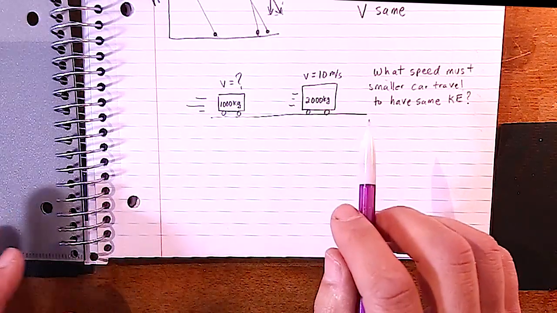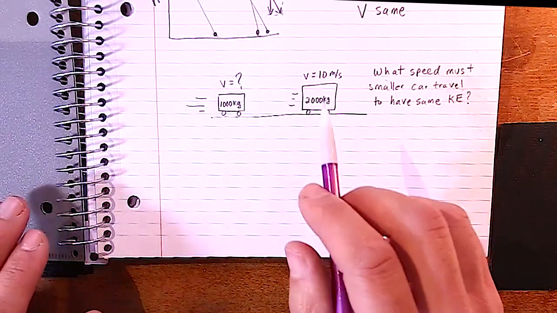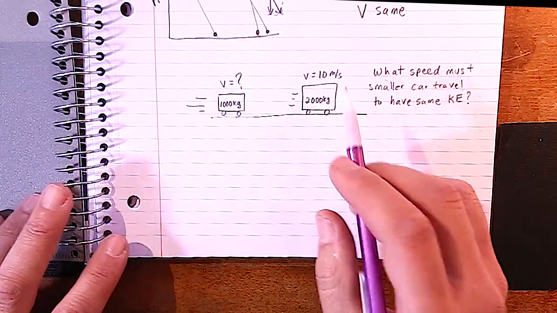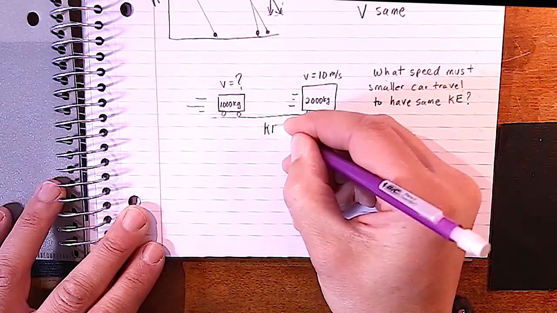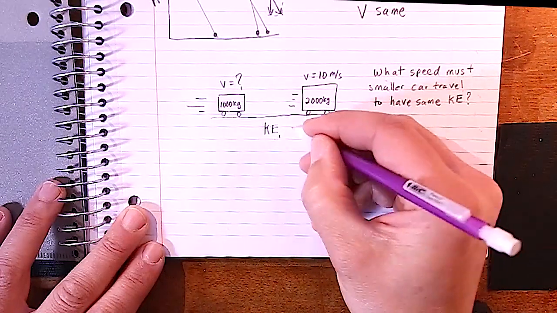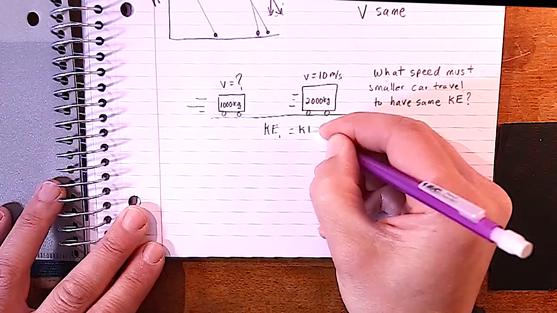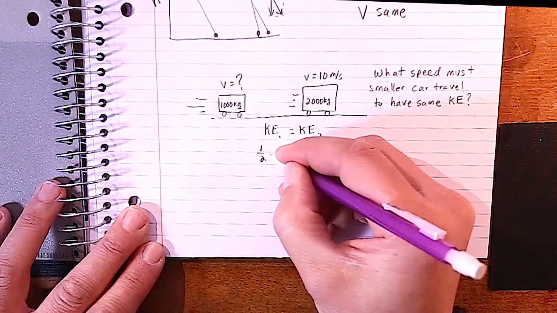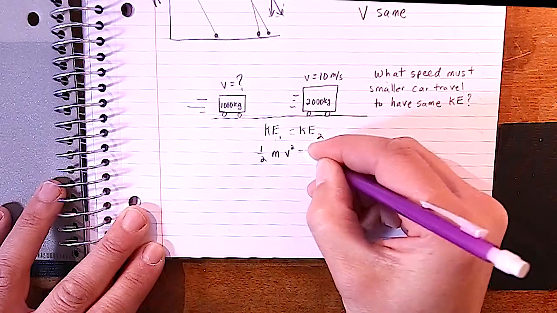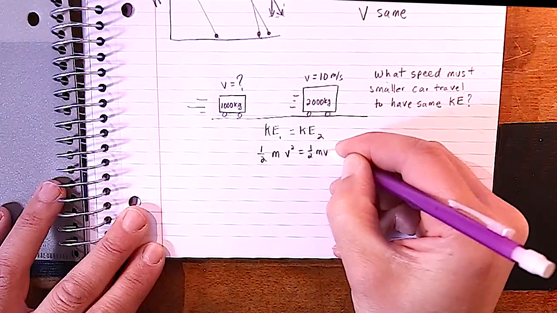That would be the question if you were looking for momentum. But remember, velocity is squared, so that's going to change our answer. So we want the kinetic energy of car 1 to be equal to the kinetic energy of car 2. So all we have to do is do 1/2 mv squared equals 1/2 mv squared.